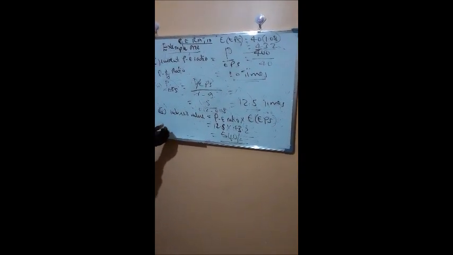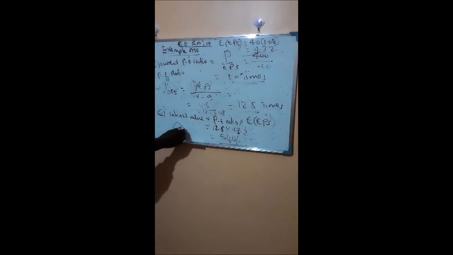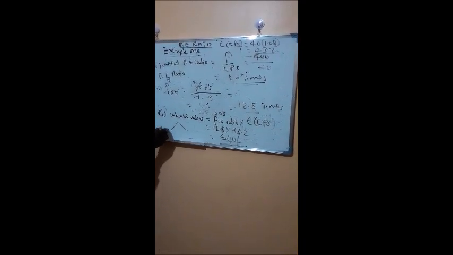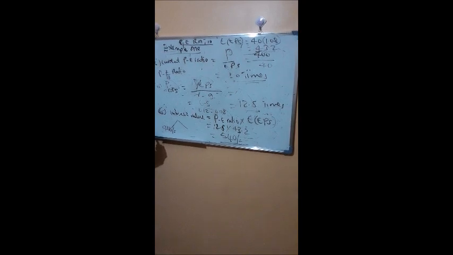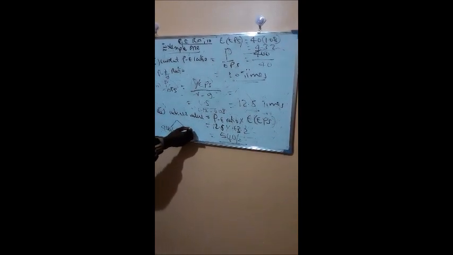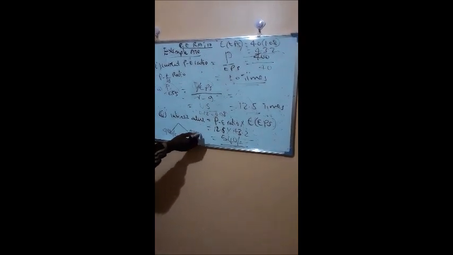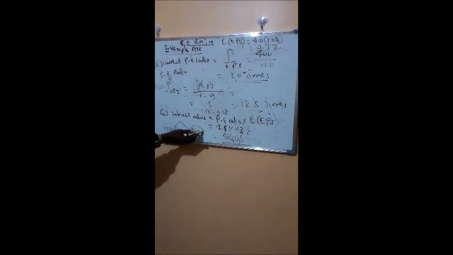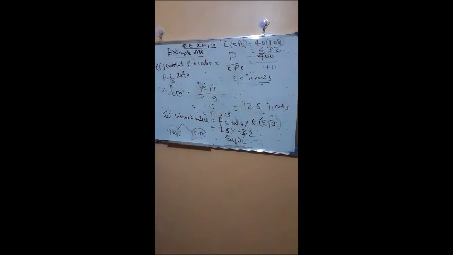To establish whether this share is overvalued or undervalued, you compare the 400 market price of the share with the intrinsic value. So the market price is 400. Our intrinsic value is 540.